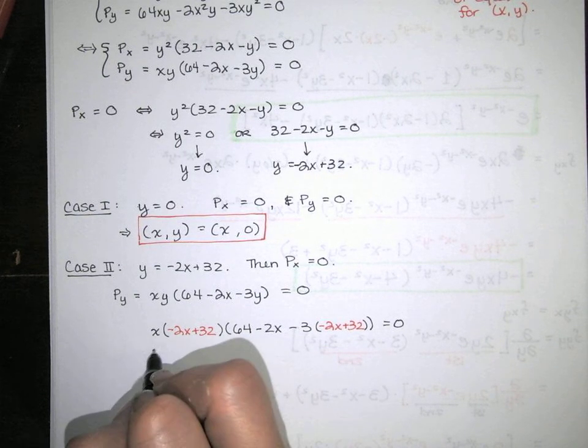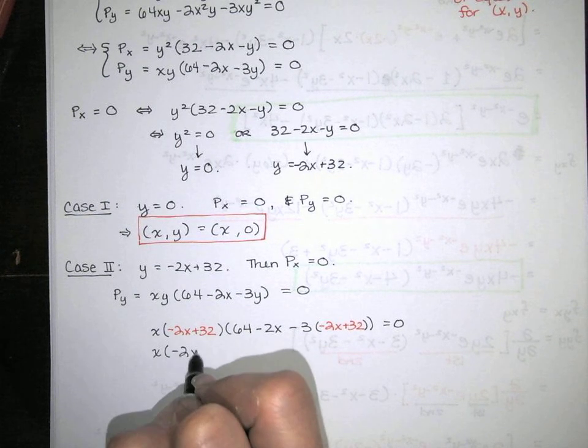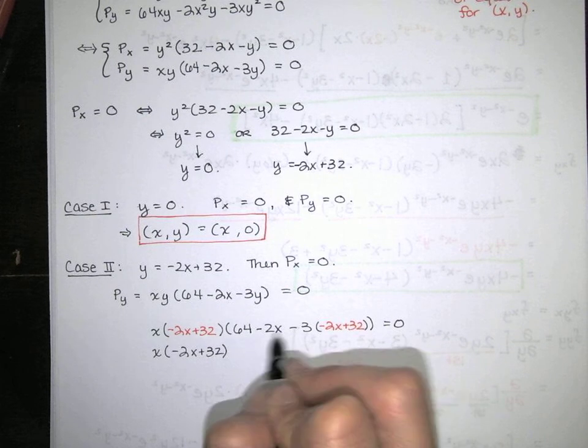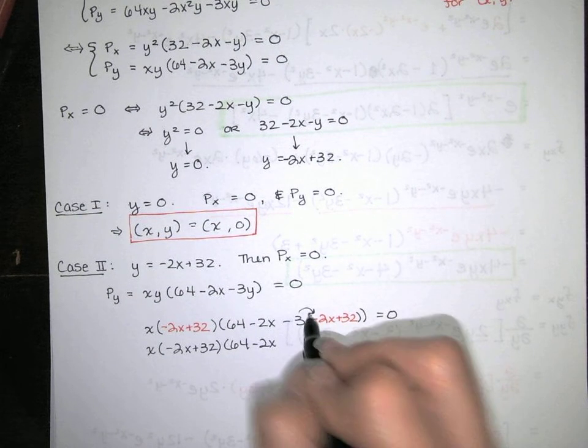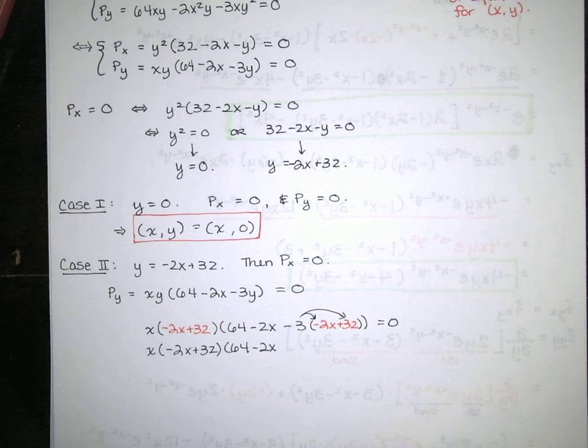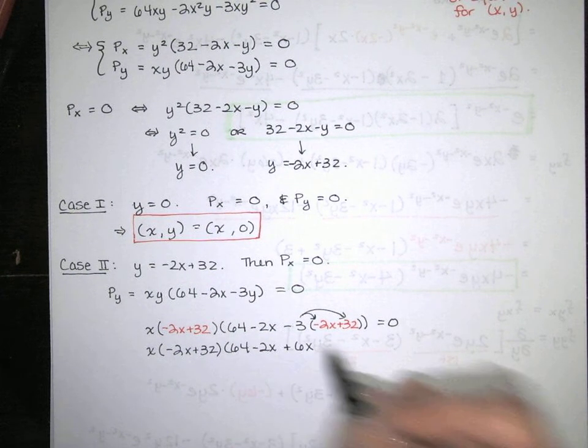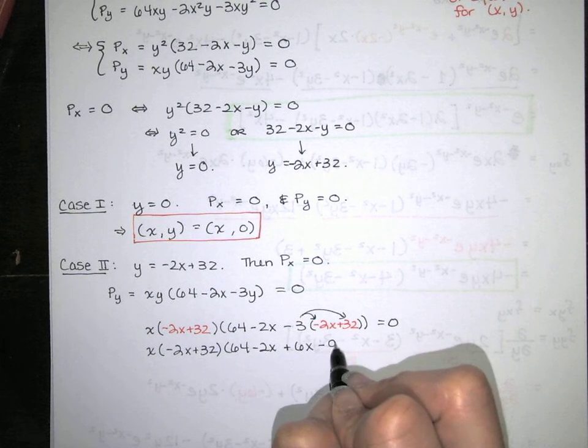So I've got x here, negative 2x plus 32 here. And we've got a little bit of algebra to do inside these parentheses. No big deal, we can do algebra. So we distribute the negative 3. We get 6x and a minus 96.